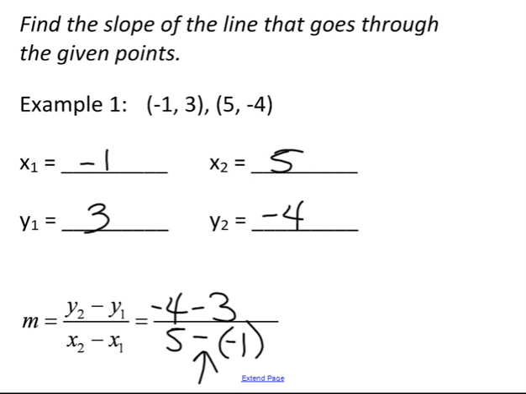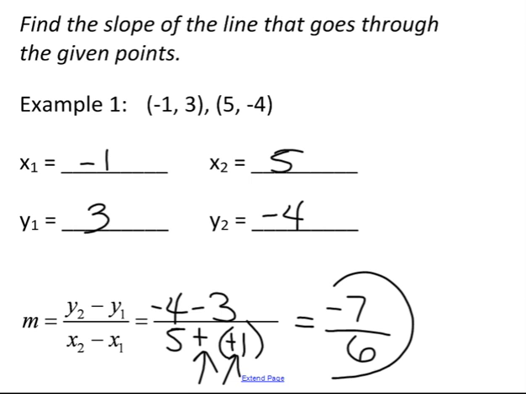I do need this subtract and this negative. So I subtract a negative, which is the same thing as adding a positive. On the top, I have -4 subtract 3, which is -7. And on the bottom, 5 plus 1 is 6. The slope is -7 over 6.